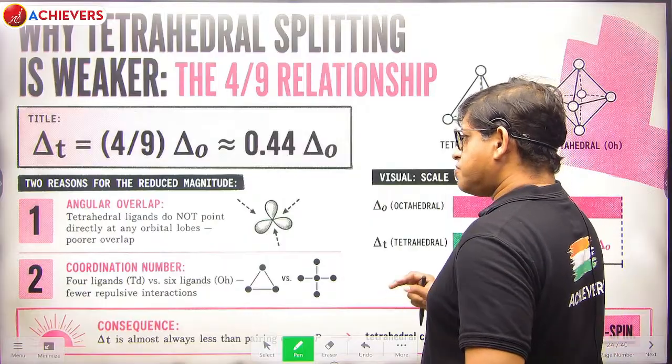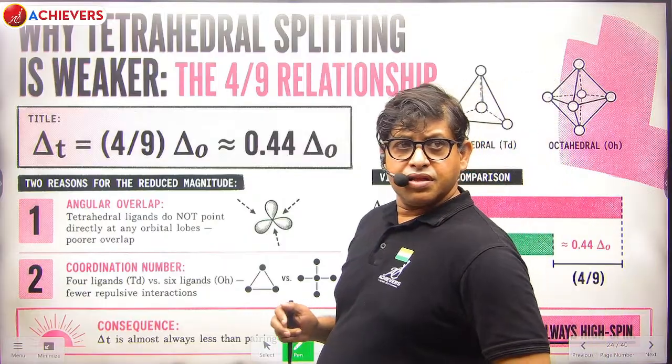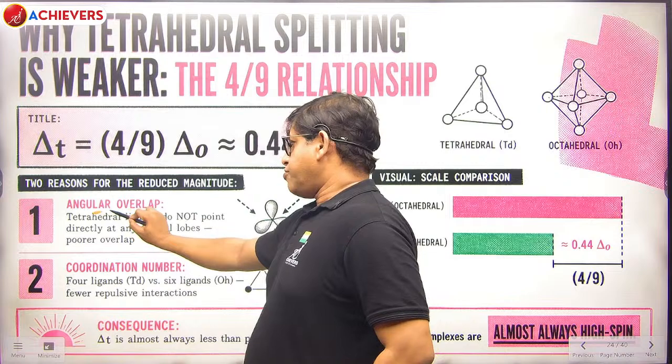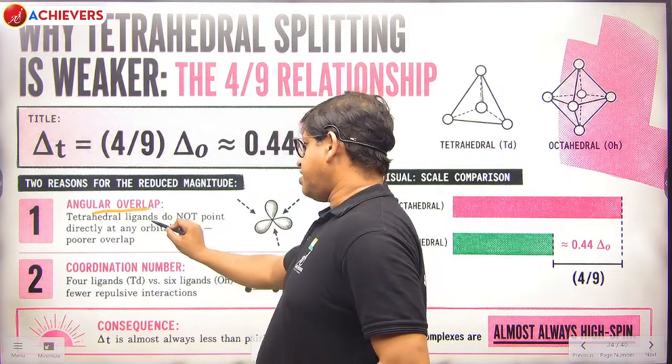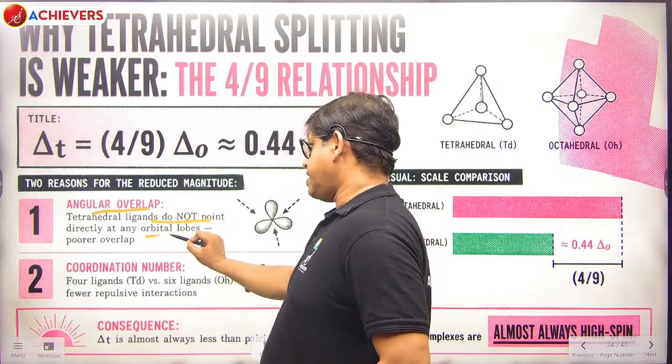There are two things. Number one is the angular overlap. Tetrahedral ligands do not point directly at any orbital lobe.